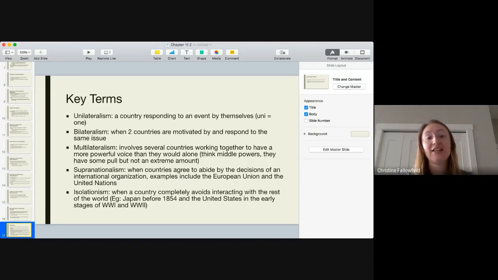And finally, the last term is isolationism. So this is a country who completely avoids interacting with the rest of the world. They are going to do their own thing. They are not going to react. So unilateralism and isolationism are different. Unilateralism is a country responding to something as one unit, and isolationism is shutting down, closing the doors, not interacting with other nations.